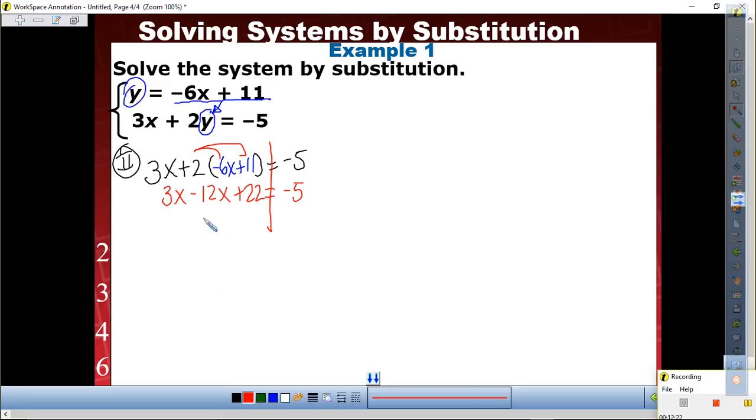So therefore we get negative 9. Continue, Cassidy. Subtract 22 from both sides. Thank you. Negative 9x equals negative 27. Then we divide by negative 9. x equals 3. All right? What do I do from there? Step 3.